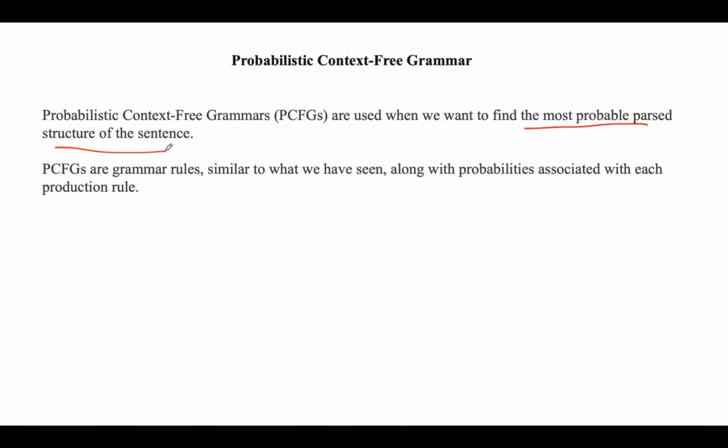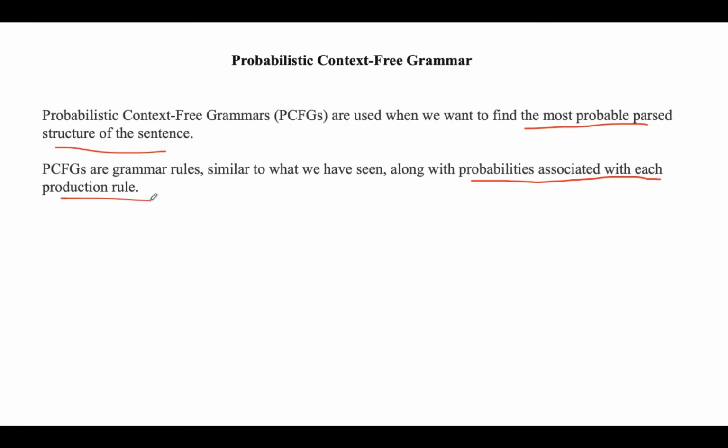PCFGs are similar to the general context-free grammars, with grammar rules like those we learned in context-free grammars. But along with that, we'll learn probabilities associated with each production rule.